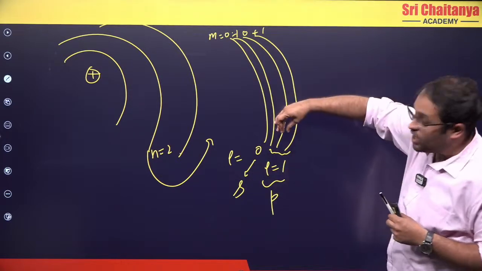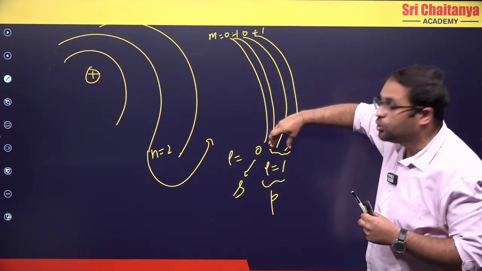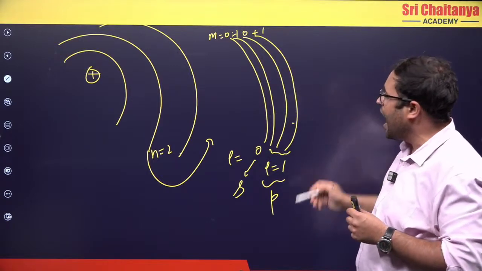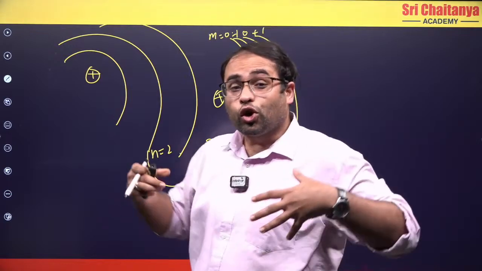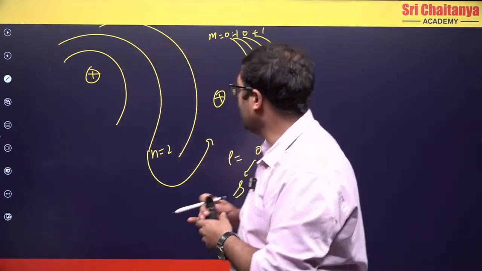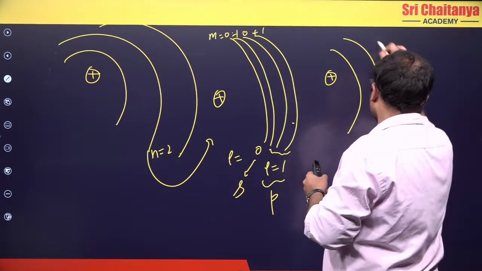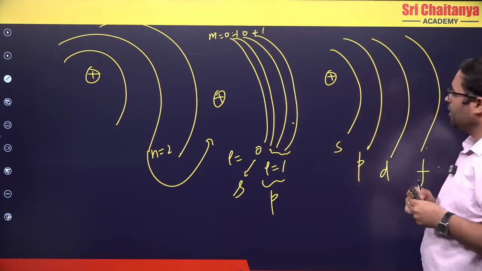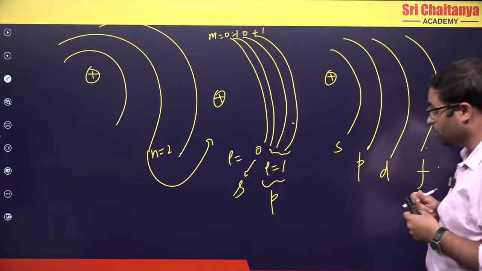So even the subshell, this was the S subshell, this was the P. Now the P subshell, which you were believing is 1, is also split into 3, and based on the distance from the nucleus, each of them will have different energies, right? The closer it is to the nucleus, the lower the energy will be. And if I talk about the closeness, S, P, D, F, this is the closeness, the distance from the nucleus.